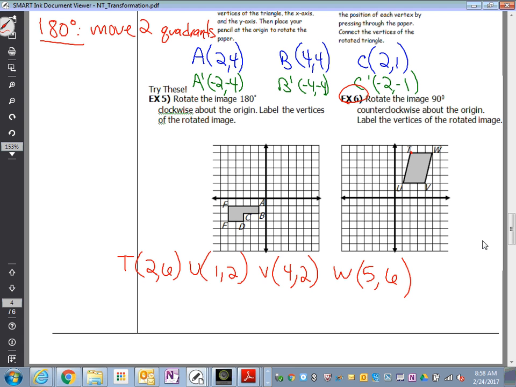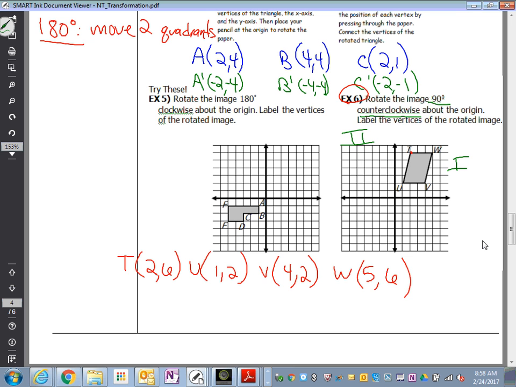So, it says, which way are we rotating? 90 degrees clockwise. All right, which quadrant did we start in? 1. Which one are we going to end up in? 4. Right? 90 degrees counterclockwise goes left.